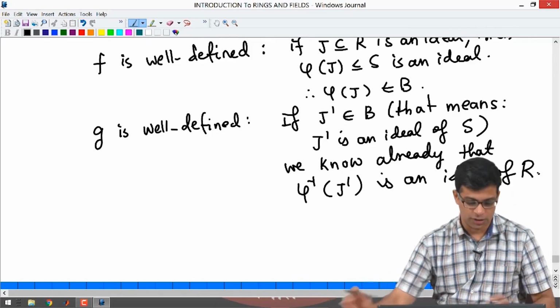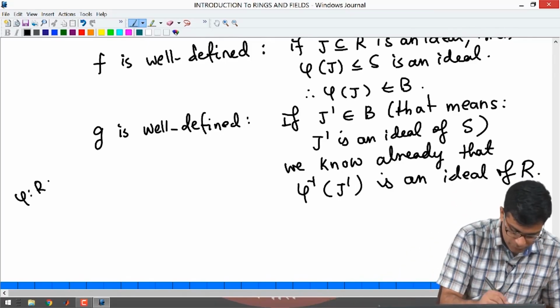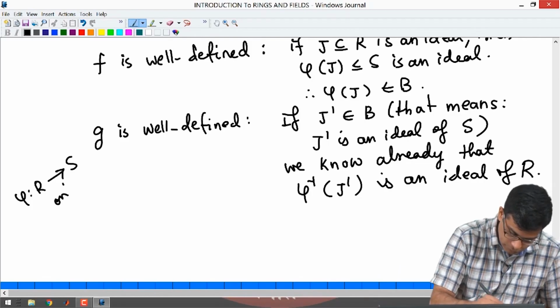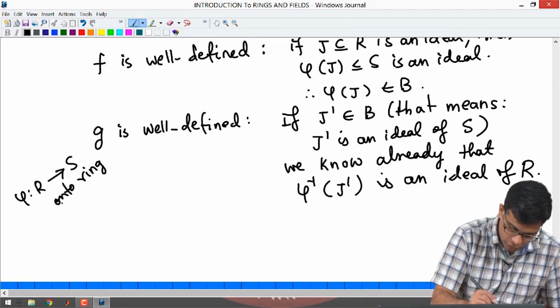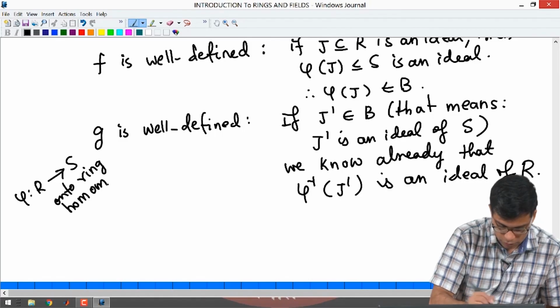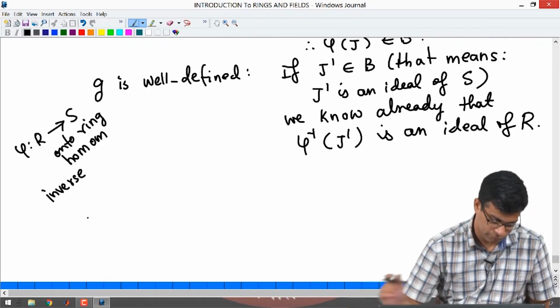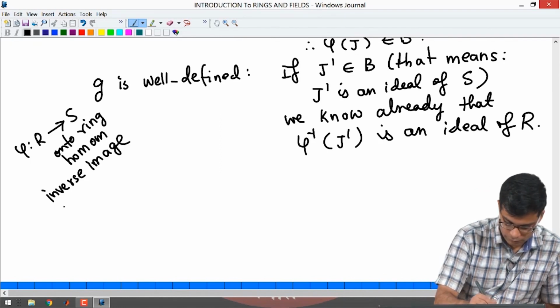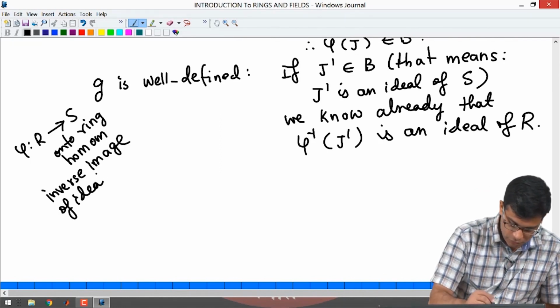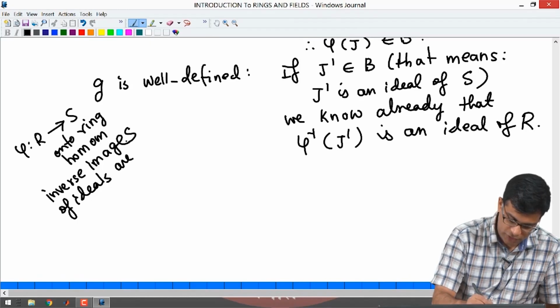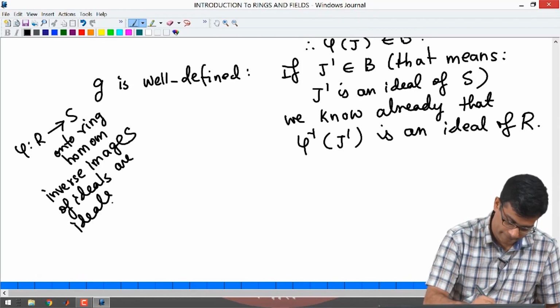This we know, because if you have an onto ring homomorphism, inverse images of ideals are ideals.